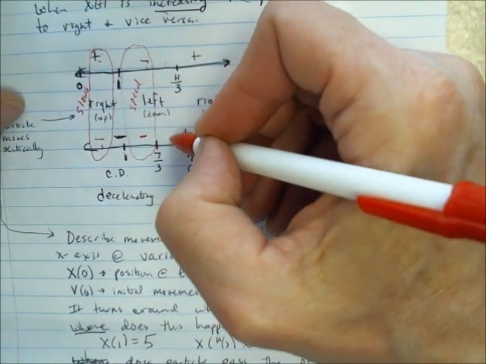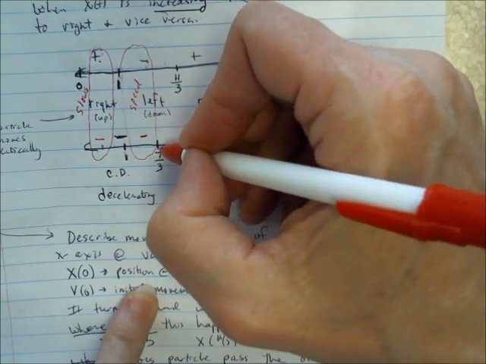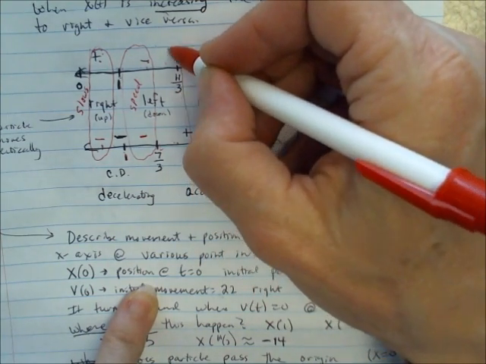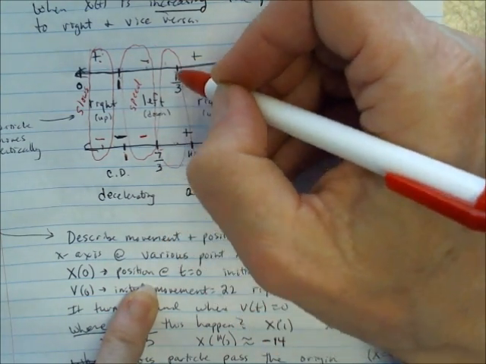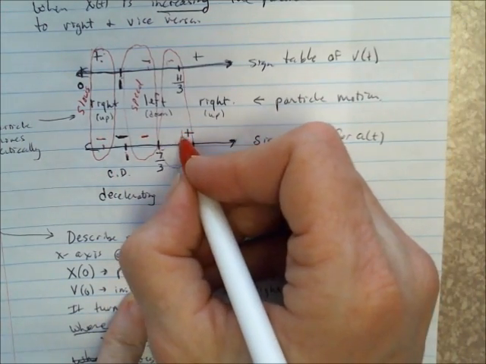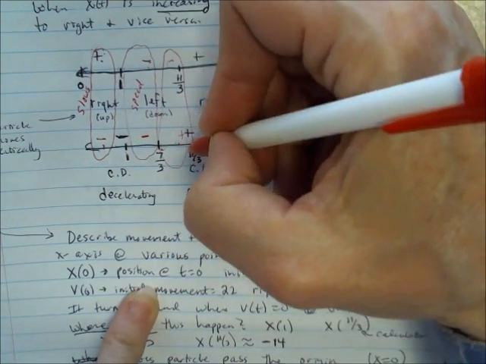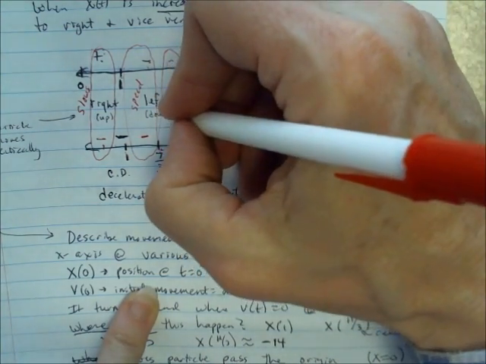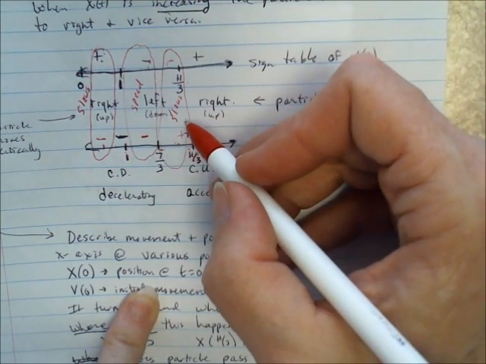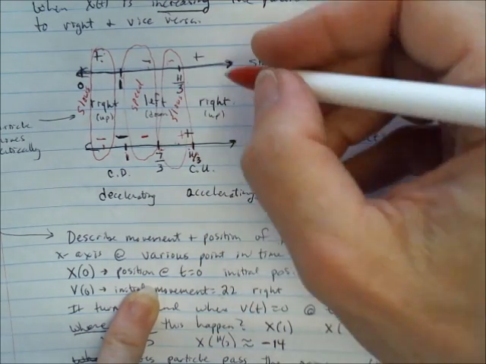Then you move past 2 1/3 seconds, and between 2 1/3 seconds and 11/3 seconds, in this area right here, you have a velocity that's negative, but you have an acceleration that's positive. So in this section, between 7/3 and 11/3, the particle is slowing down again, which makes sense because it has to slow down before it turns around and goes in the other direction.